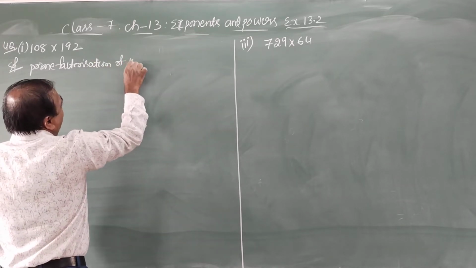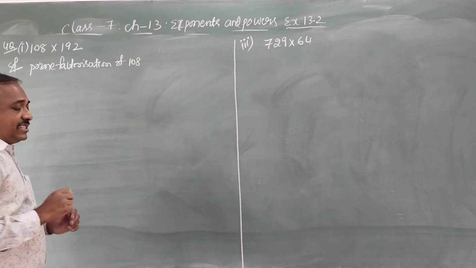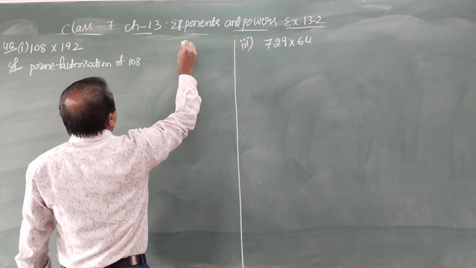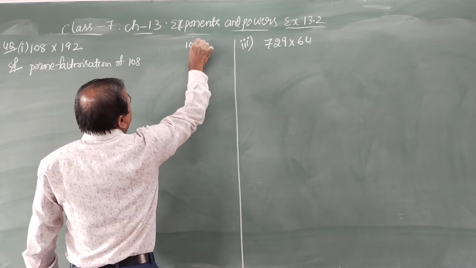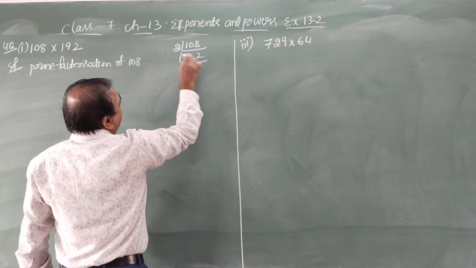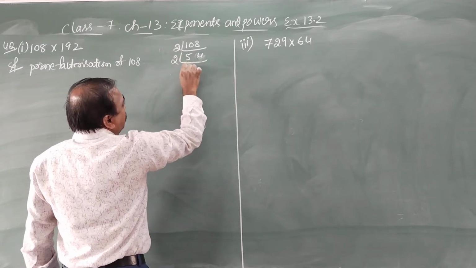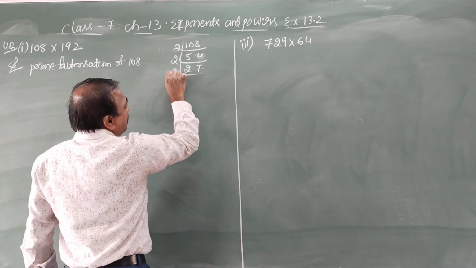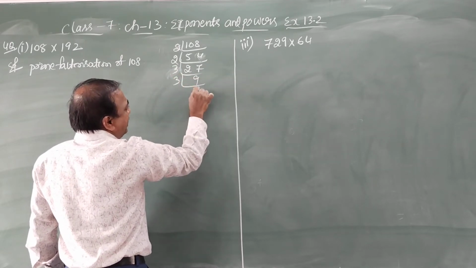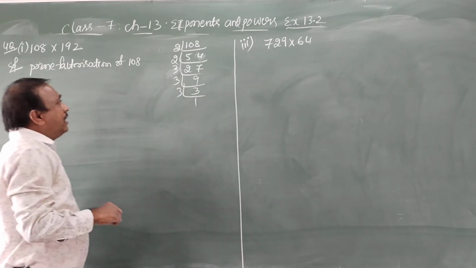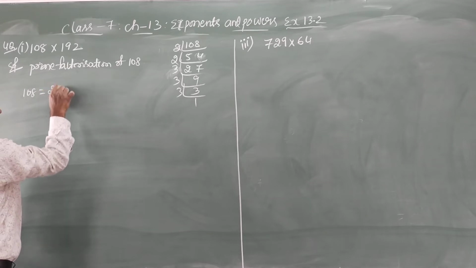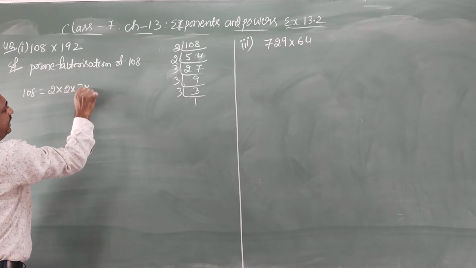Prime factorization of 108. Divide by 2: 2 fives are 10, 2 twos are 4, 2 sevens are 14, so 54, then 27. Next, 2 is not possible, so 3 nines are 27, 3 threes are 9, and 3 ones are 3. So 108 can be written as 2 into 2 into 3 into 3 into 3.